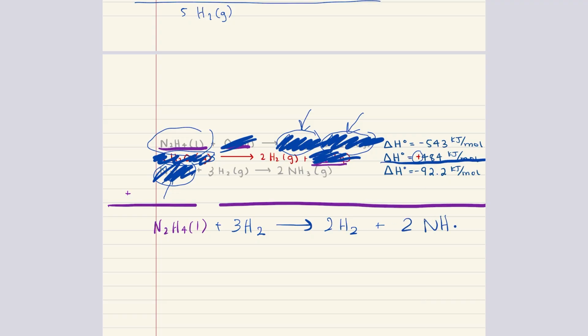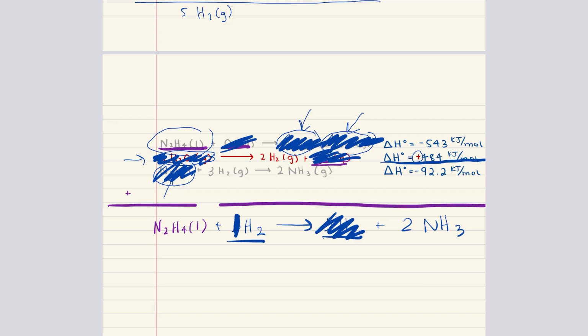Now notice that the 2 moles and 3 moles partially cancel out, and we're left with exactly what we want for our target reaction. So all we had to do was just flip this second equation, and everything canceled out appropriately to give us our target reaction.